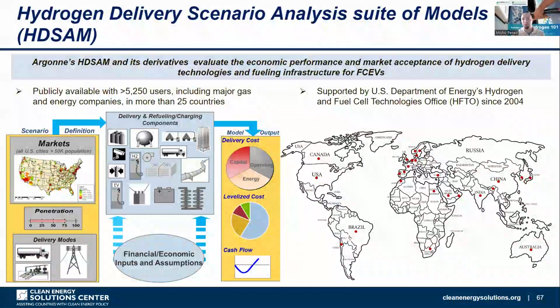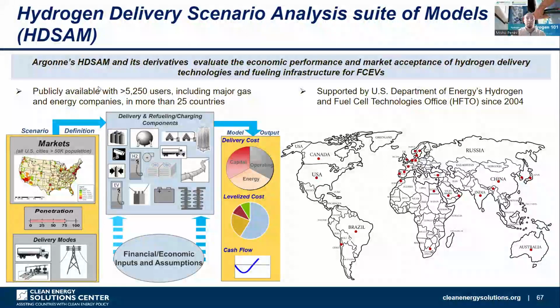So if you have to deliver liquefied hydrogen to fueling stations, it will quantify those CapEx, OpEx, as well as levelized cost of hydrogen. There are about 5,000 users at the moment, and analyses have been performed for over 25 countries. So the model is relatively flexible, at the very least, in terms of framework to analyze supply chain distribution.